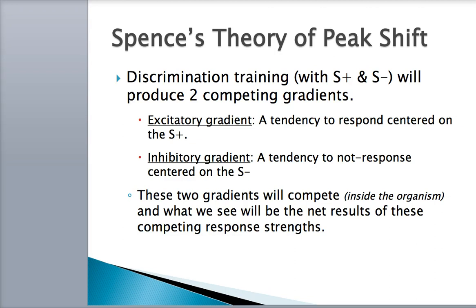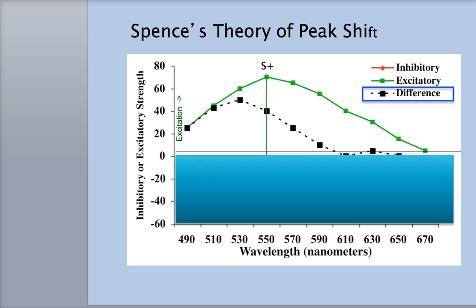And he said these two gradients are going to compete inside the organism, and what we see in terms of behavior is going to be the net result or the compromise between these two competing response strengths. So here we go. Let me describe this theory with pictures from your book.